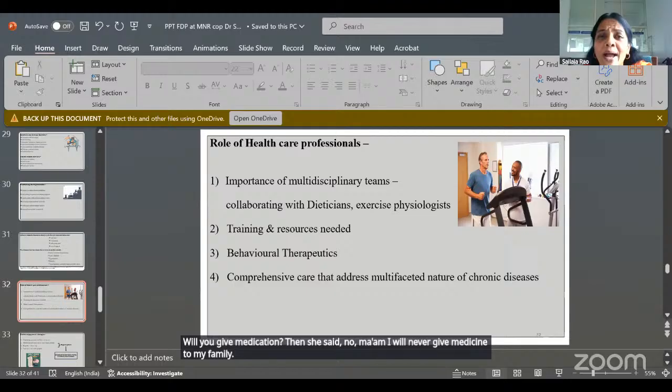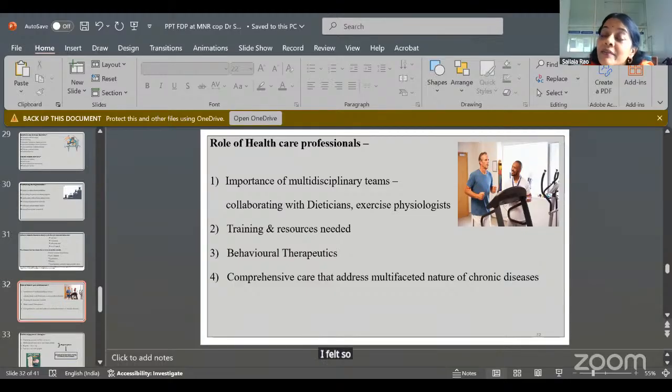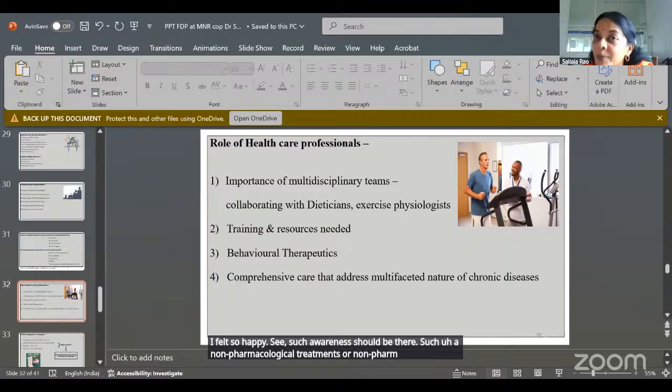I felt so happy. See, such awareness should be there. Such non-pharmacological treatments or steps, where we can prevent the complications of the disease, can be done. I will never give medicine to my family.